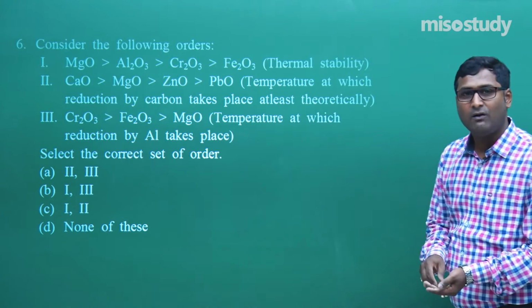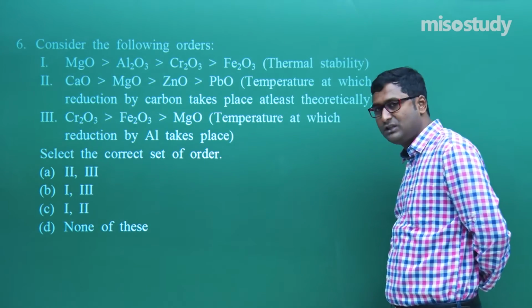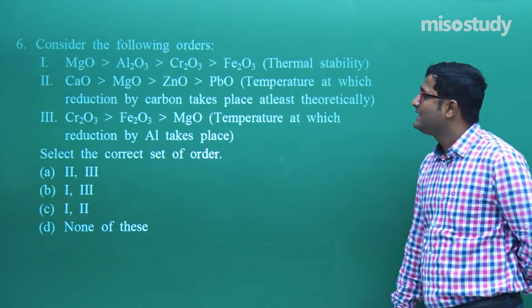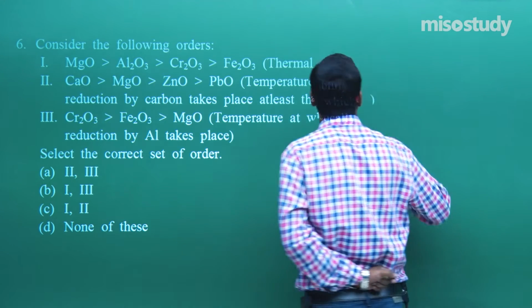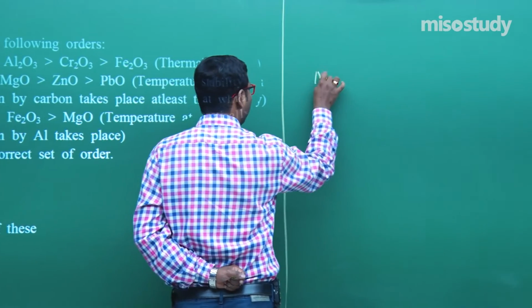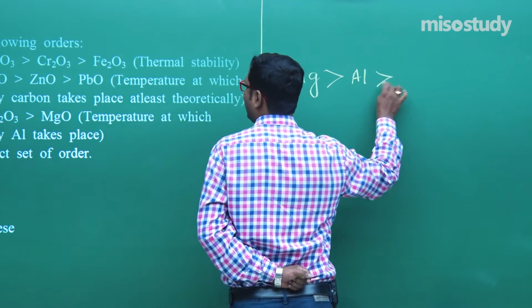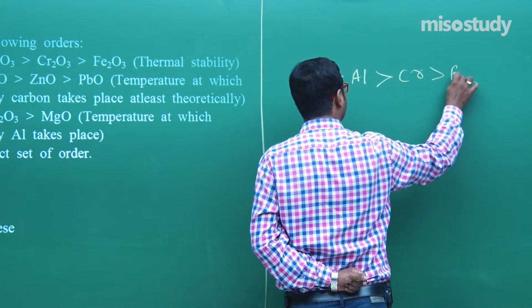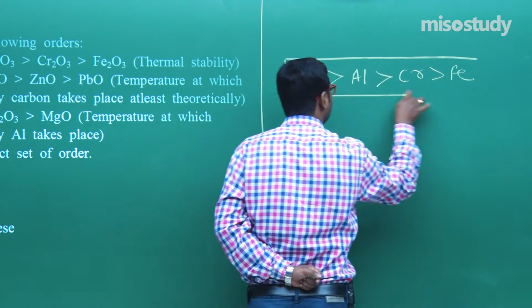Now it's your turn, solve. Here the given, consider the following: MgO, Al2O3, Cr2O3, Fe2O3, thermal stability. As we know, what is the order? Affinity for oxygen follows the order Mg, Al, then chromium, then iron. This is the order of affinity towards oxygen.